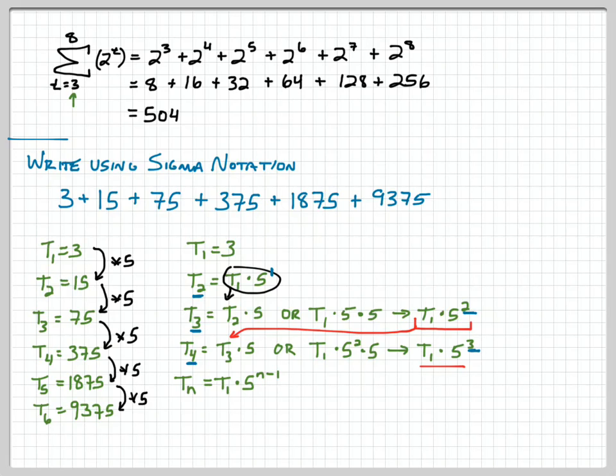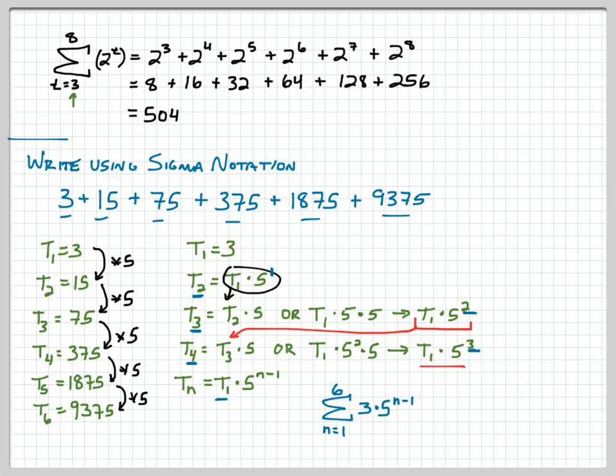So let's start putting this into our sigma notation. We're going to go from n equals 1, and let's see, how many terms do we have here? 1, 2, 3, 4, 5, 6. So we have sigma to the 6, and the first term, which is 3, times 5 to the n minus 1 power.